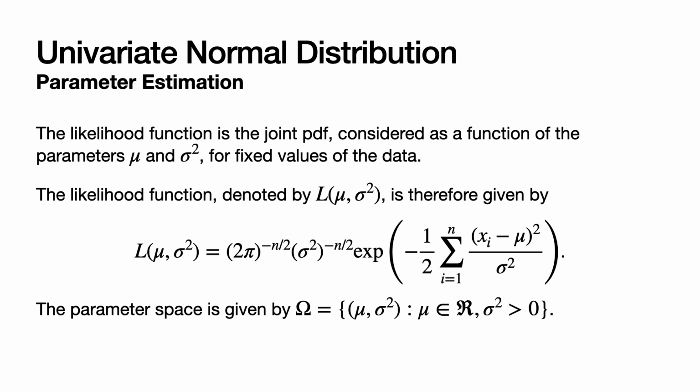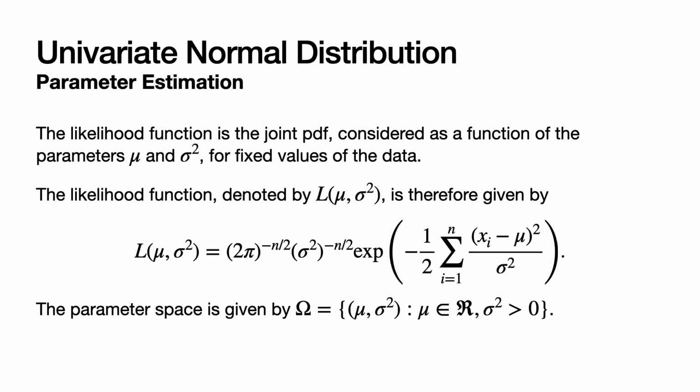So we can then consider this as a function of the two parameters mu and sigma squared. The likelihood function will be denoted by uppercase L, evaluated at mu and sigma squared. And so it's equal to this same expression that we had for the joint PDF.